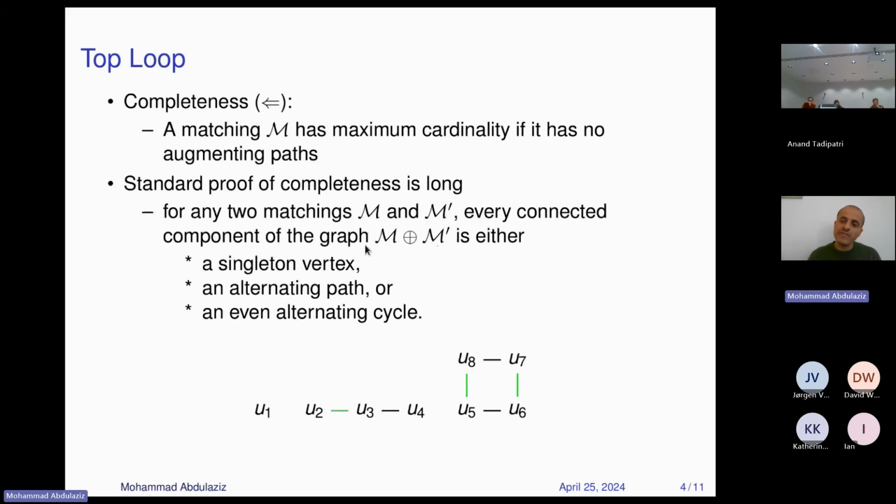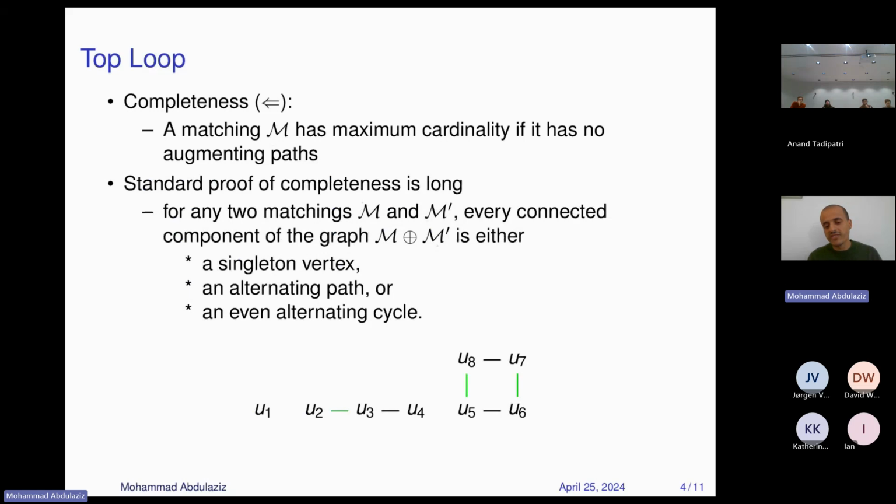Any connected component in that graph will be either a singleton vertex, an alternating path, which I will repeat again, an alternating path is a sequence of edges that alternate in terms of membership in m, or an even alternating cycle. So a cycle that has an even number of edges, right?